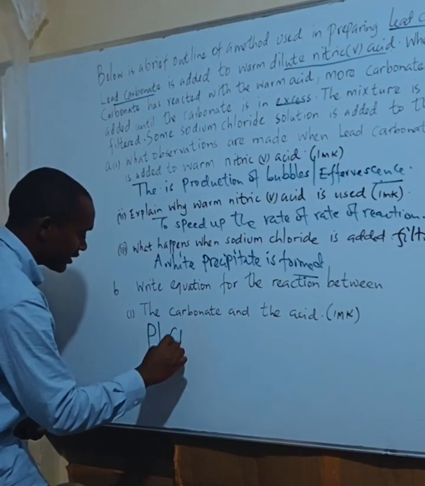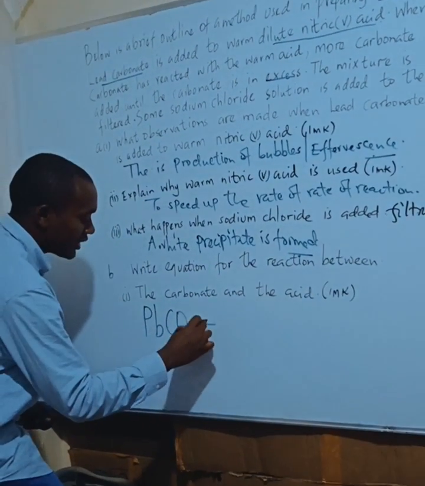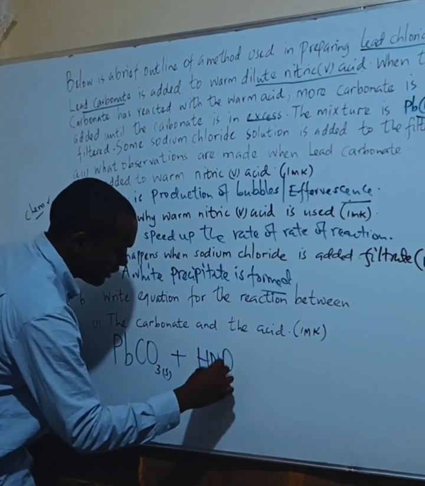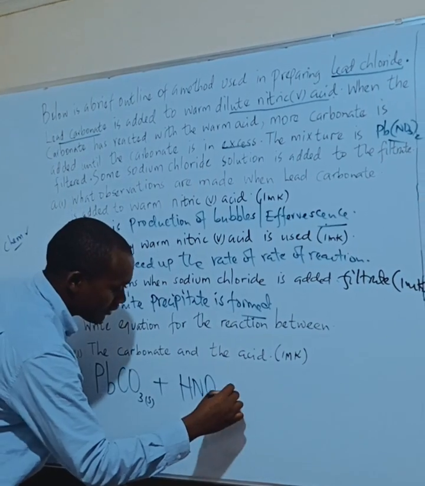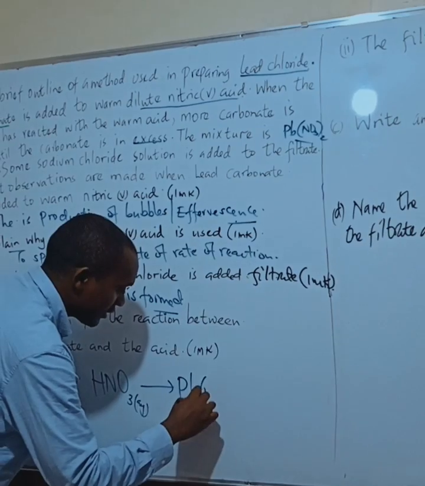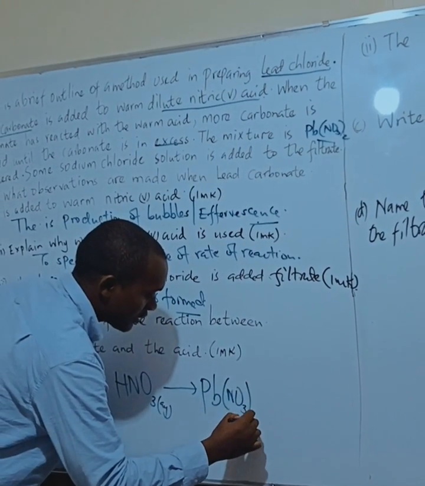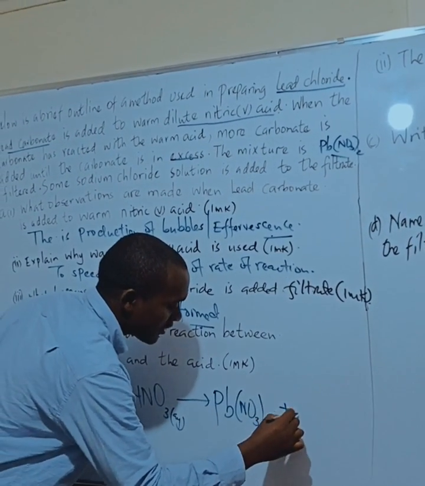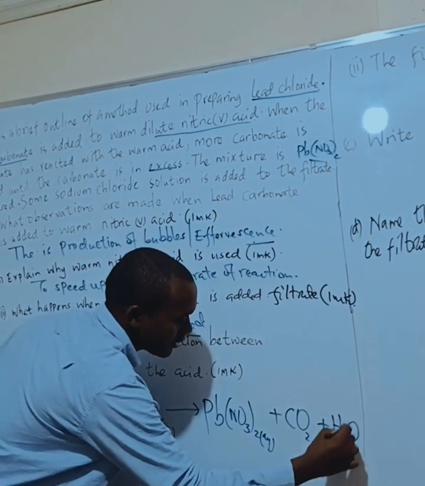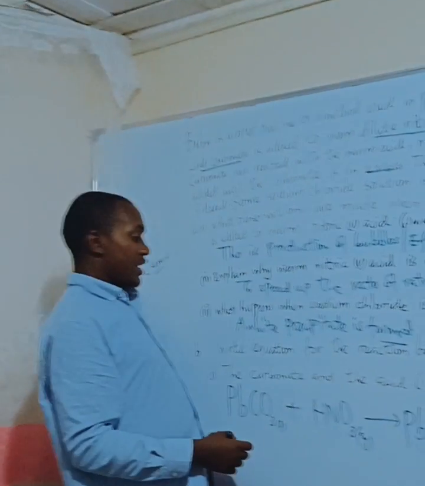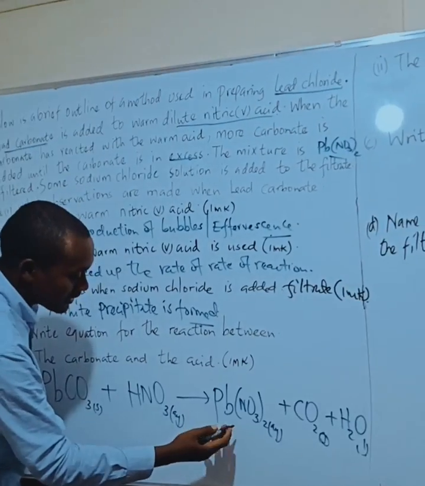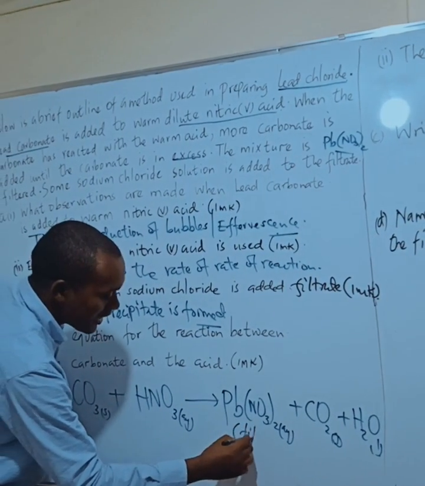Lead carbonate, a solid, plus nitric acid, HNO3 aqueous, forms a soluble salt, lead nitrate aqueous, plus carbon dioxide, CO2 gas, plus water. So this is a reaction between the carbonate and the acid giving us the salt, and this is what we filter to obtain as the filtrate.